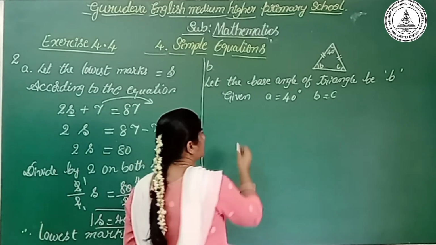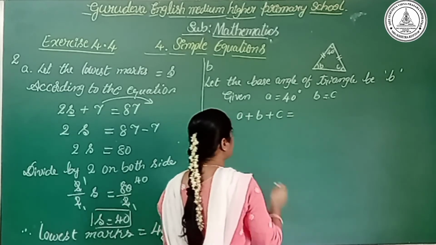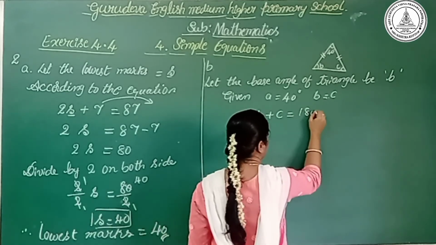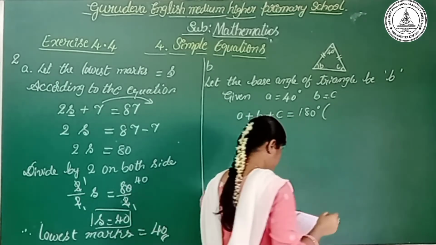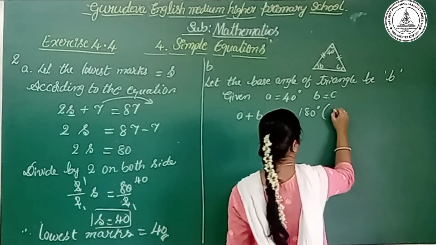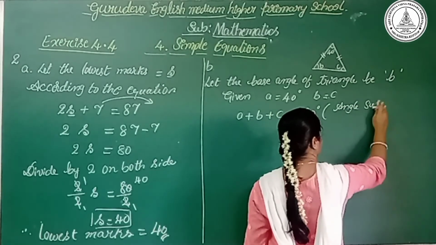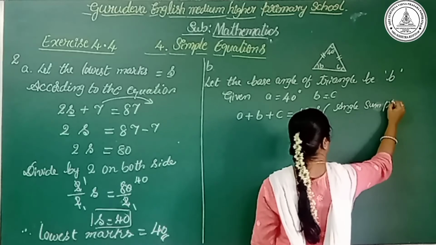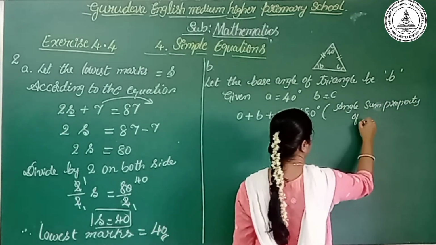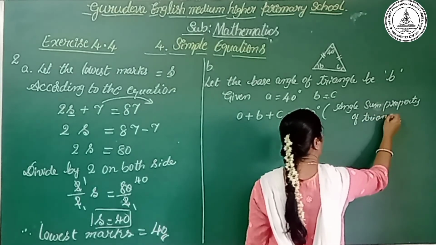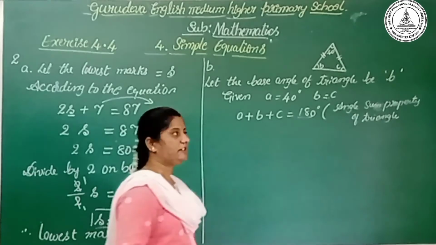Then we know that the sum of all the angles of the triangle is equal to 180 degrees. This is the angle sum property of a triangle: if you add all the angles of a triangle, we get the sum as 180 degrees.